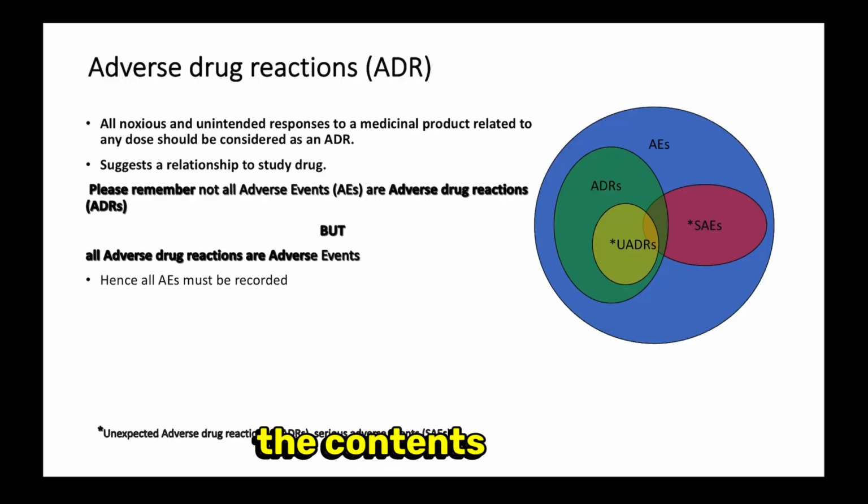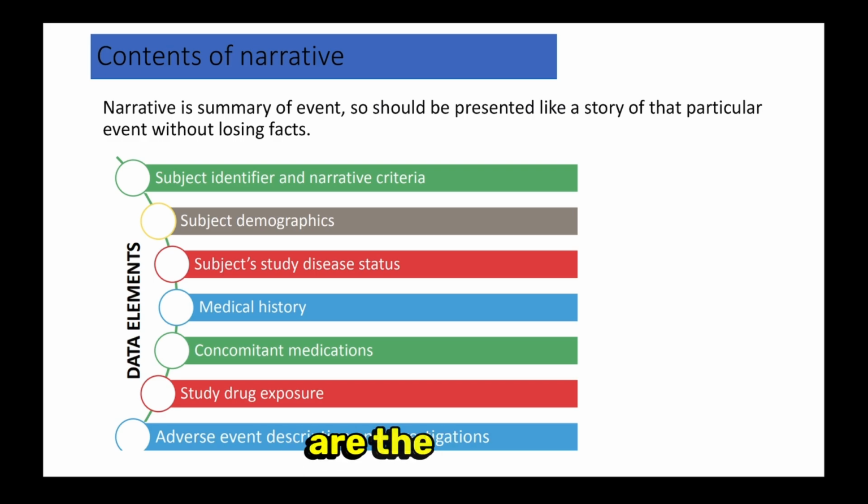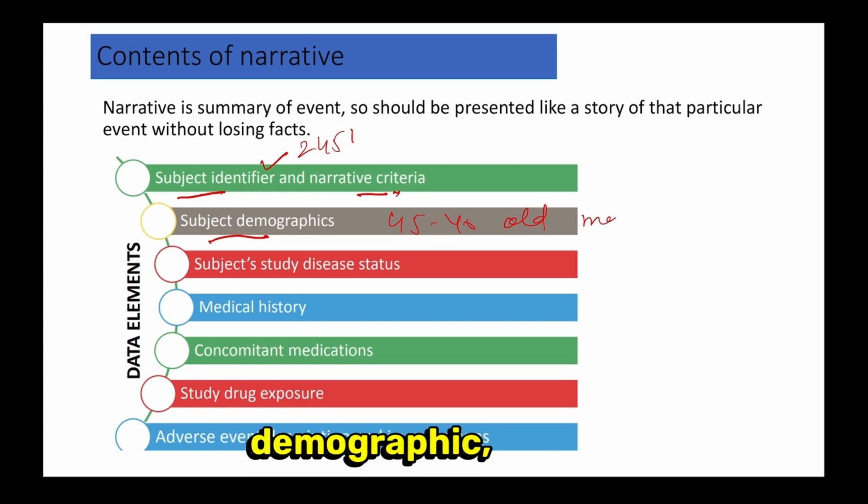Now, what are the contents of a narrative? What are the different contents in a narrative? First is the subject identifier, that you have to write, the subject number, like 4, 5, whatever the subject number is. Narrative criteria. Subject demographic, like a 45-year-old male, that is demographic.